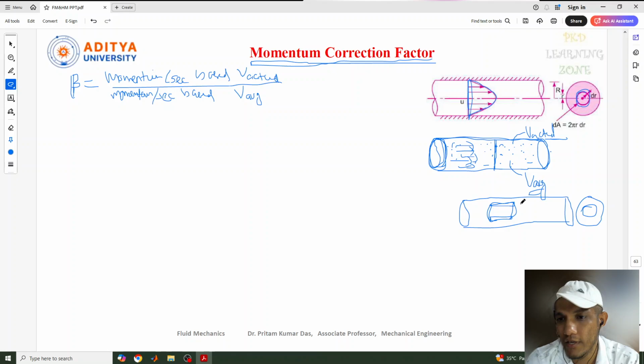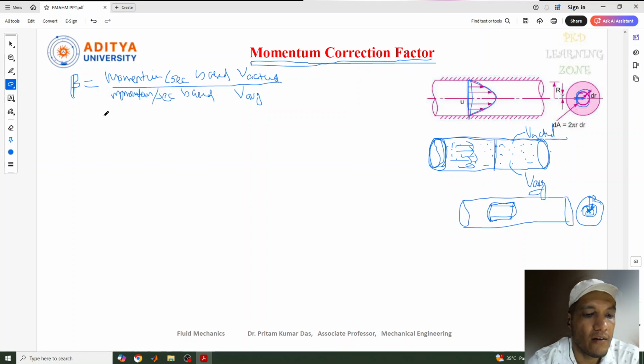This is the thickness or width. This is the outer circle radius capital R, and this is the inside one, small r, and the thickness is dr.